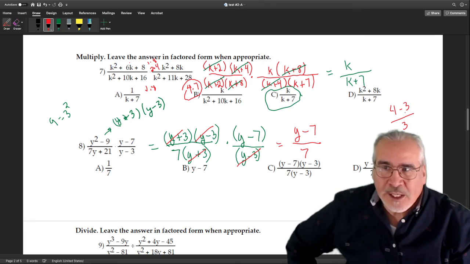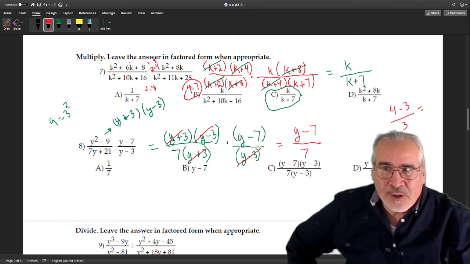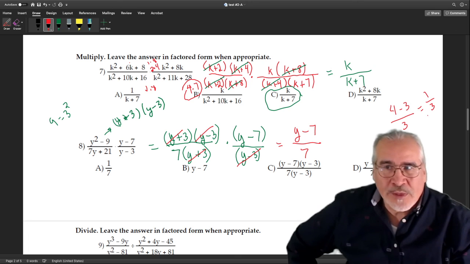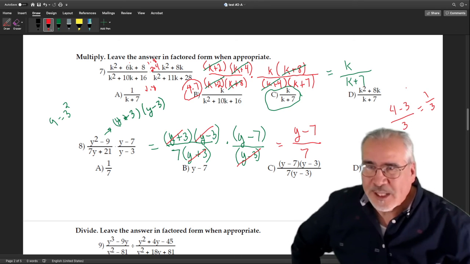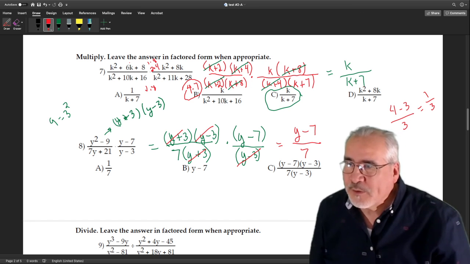If you cancel that out, you maybe end up with 4 minus 1, so you end up with 3. But if you do it with order of operations, 4 minus 3 is 1. The answer needs to be 1/3. And if you cancel these, you're not going to get your 1/3. So that's not a legal thing to do. That's a good way to check it. Anyway, that's what we've got. And so we're going to go with D.